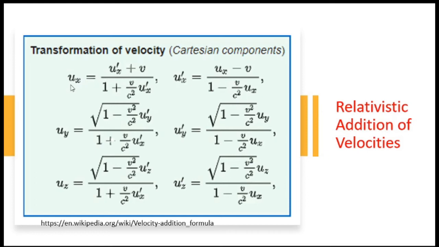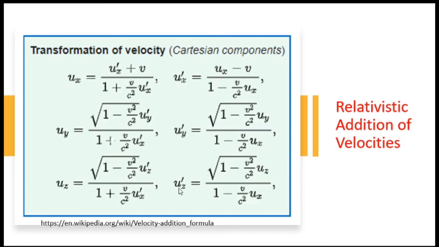So instead of ux, I can write ux dash is equal to (ux minus v) divided by (1 minus v upon c square ux), and uy dash is equal to under root of 1 minus v square upon c square uy divided by (1 minus v upon c square ux).